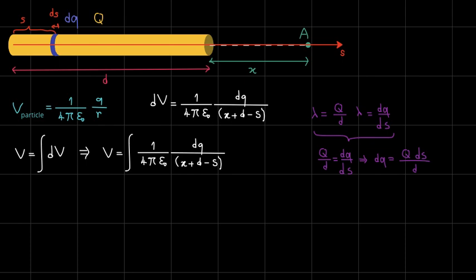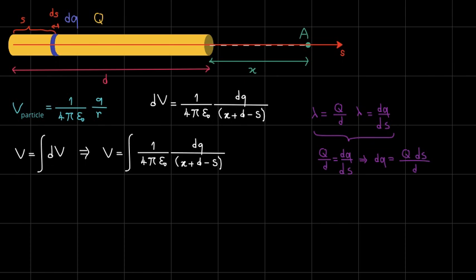So then capital Q divided by d is equal to dq divided by ds. If you combine the two, to eliminate lambda, it's a variable that we introduced and now we're eliminating it, we can find the connection between dq and ds, which is the actual integration variable, and the other given variables in the problem, capital Q and d.